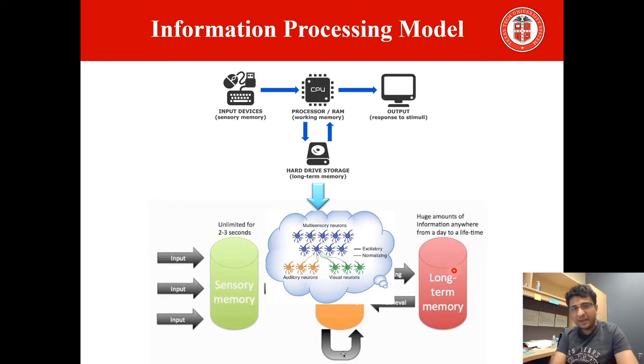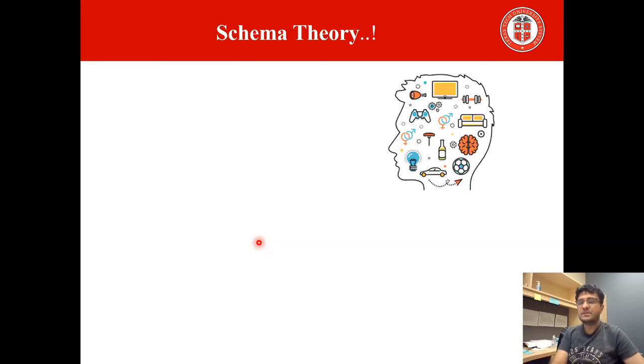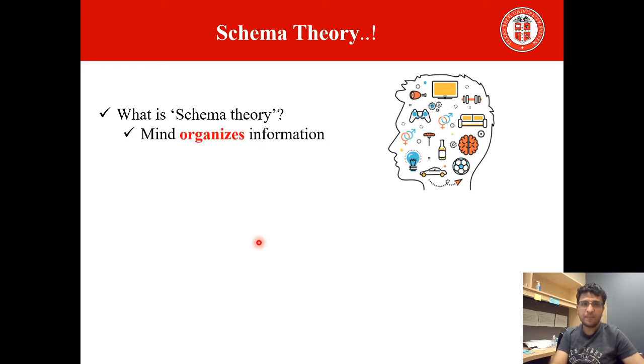Now, keeping this information processing model in mind, which compares our memory system with a computer, let's move on to the schema theory. When we talk about schema theory, the biggest question is what is schema theory?